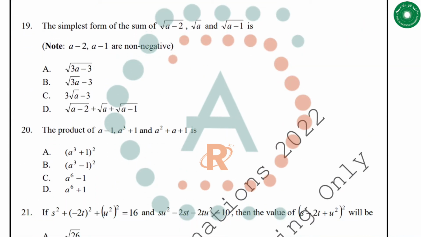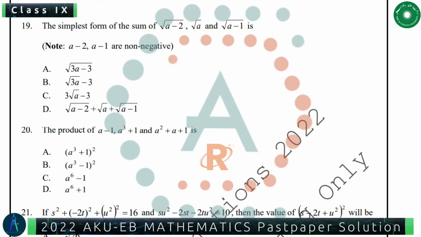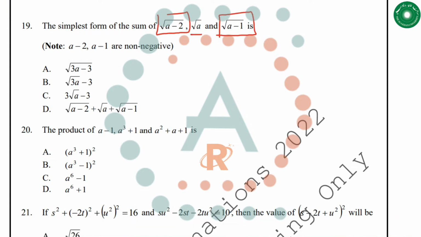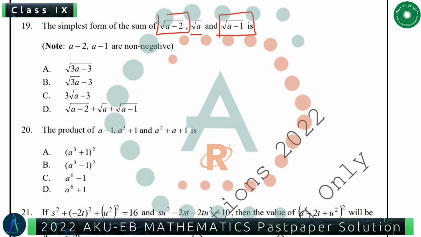Now we have question number 19. The simplest form of the sum of square root a minus 2, square root a and square root a minus 1. We have to add these three different radical expressions: square root a minus 2, square root a and square root a minus 1.